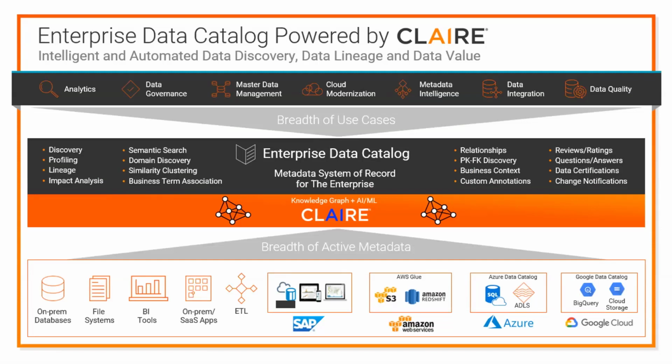To comply with such requirements, first of all, you need to have a catalog, an EDC catalog, a central place where the whole inventory of the organization's assets is stored, right? A catalog that contains not only the information about all of the sources that are storing the data, like tables, files, all of the reports with metrics and attributes, but also all the relationships between those objects, right?